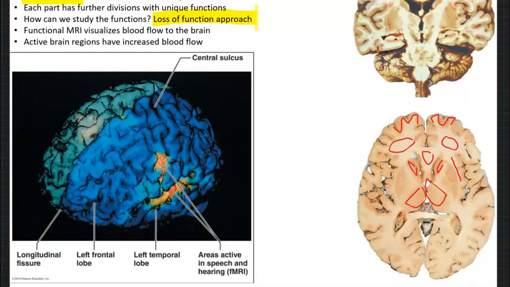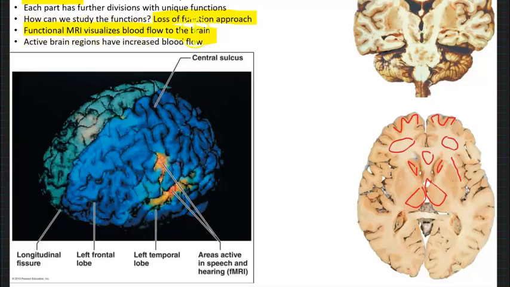So, scientists looked at people with various types of brain damage to understand, like, if we cut off this piece, what's going to happen? Now we don't do that because it's not super reliable. We have better tools, and the most important tool right here is functional MRI.